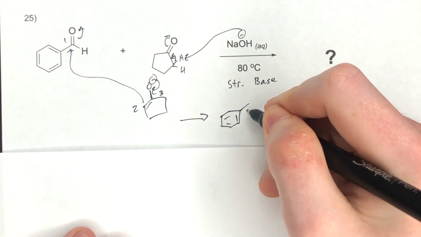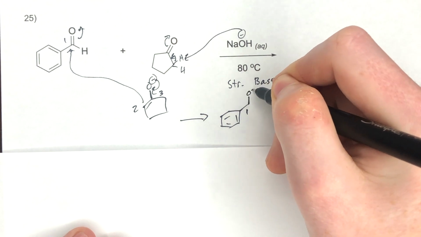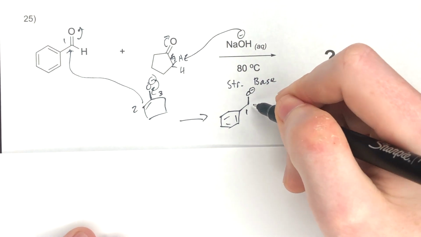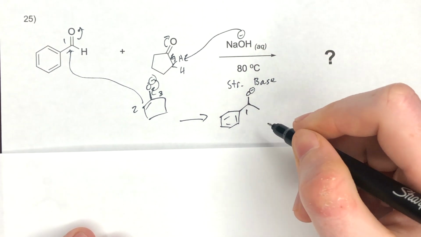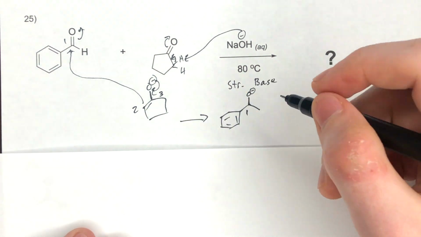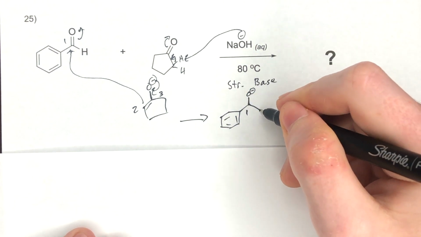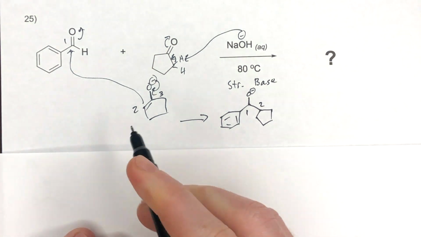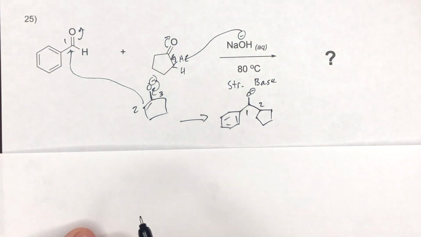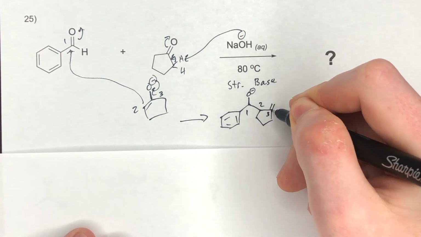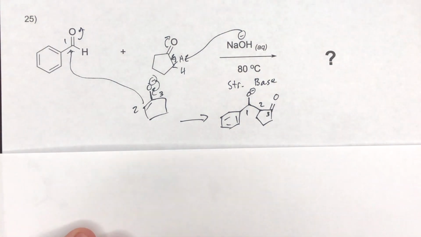So here's carbon 1 bound to the benzene, which also has a negative charge on the oxygen now because the pi bond has broken. Here is position 2, and position 2 is a part of the ring. So let's just draw the 5-membered ring starting at that spot, since that's where we're binding to the ring. Then carbon 3 is adjacent to 2, so let's call that this spot here. And this yields then this structure.